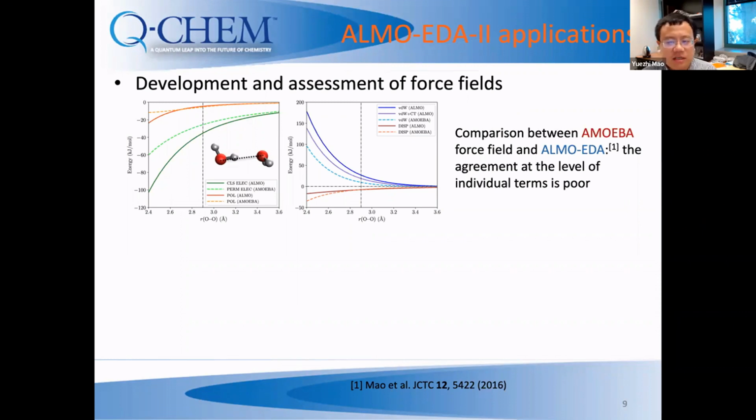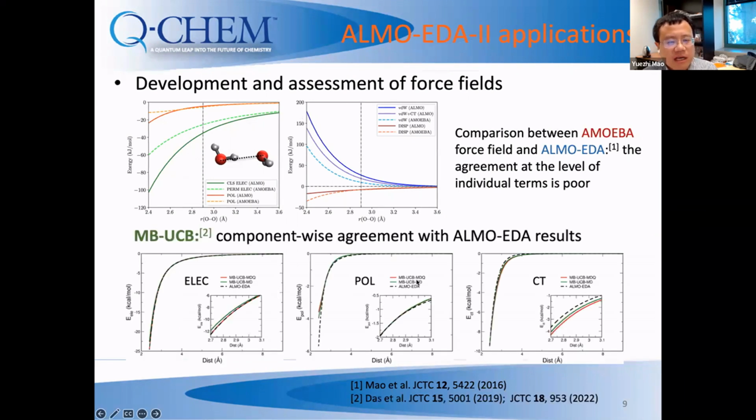And we find that AMOEBA gives quite decent overall interaction energies for these water-water or ion-water interactions. However, the agreement at the level of each energy component is quite poor. For example, you can see there's a large gap between the permanent electrostatics given by AMOEBA and that given by ALMO-EDA.